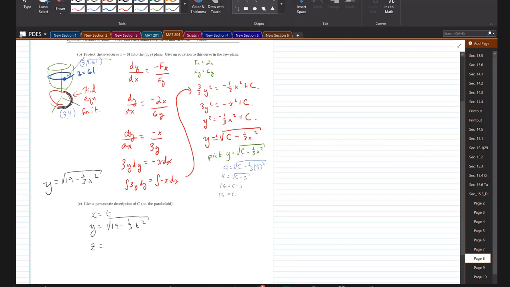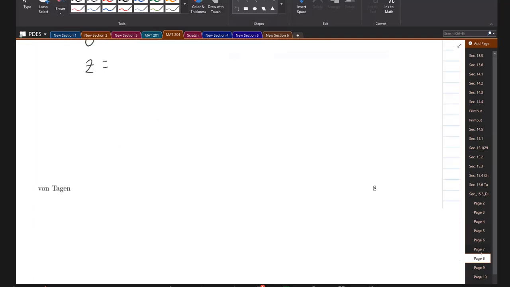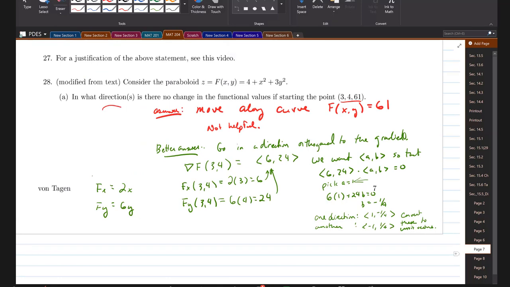Then we have to go back to the original function. So z is equal to 4, was it minus x squared minus 3y squared? Was that our original function, folks? I'm just trying to save jumping back to the previous slide. Plus, those are plus.